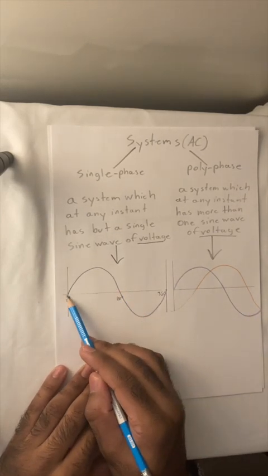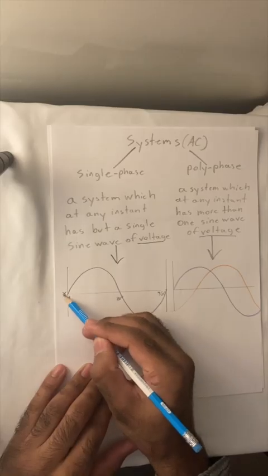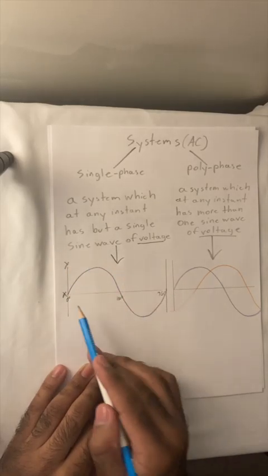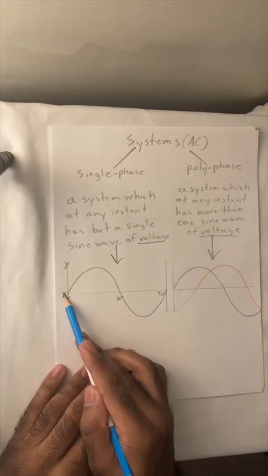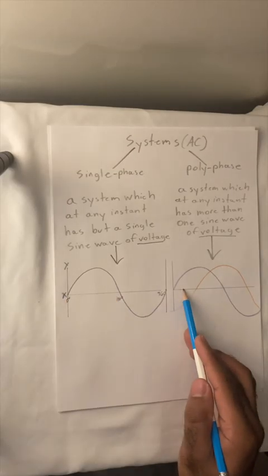On our x-axis, this would be our y-axis, on our x-axis are going to be the instances.